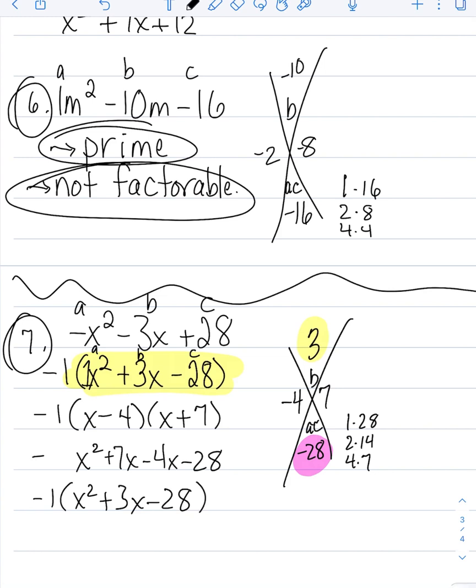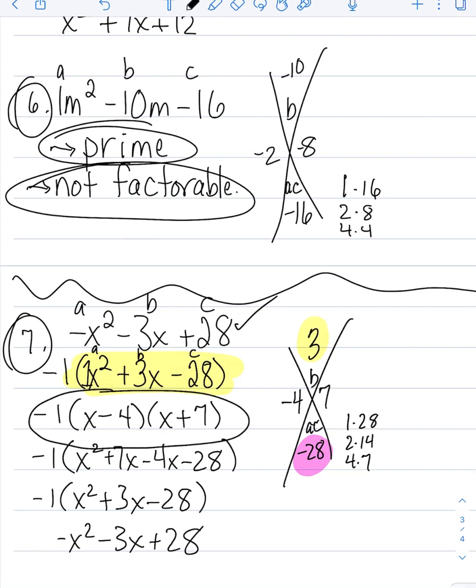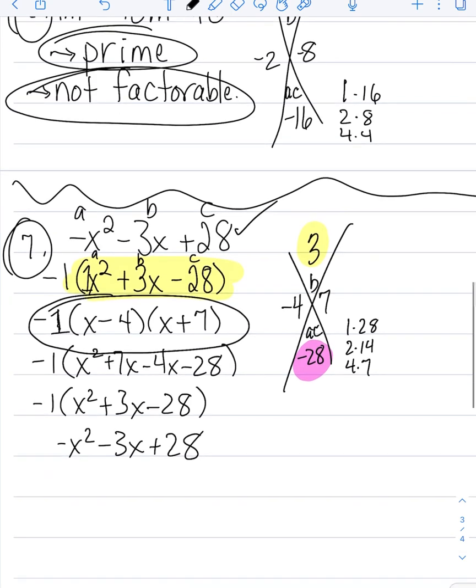Remember, we have to multiply by that negative 1 that we factored out. And when we do that, we get back our original polynomial. So these are the factors of that polynomial. I do want to let you know we can also make this 1 invisible and just write negative on the outside, x minus 4 times x plus 7.